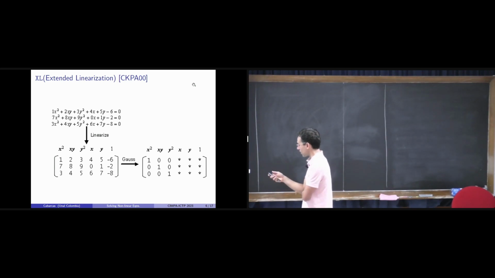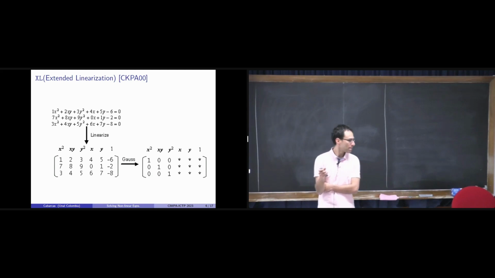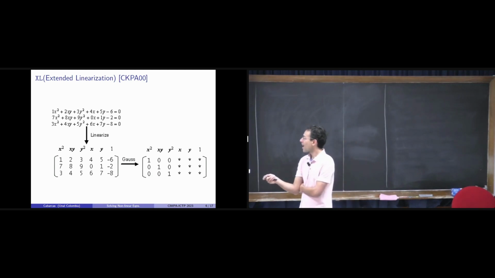And the idea is the following. Let's say we want to find a Groebner basis for this set of polynomials. We have 3 polynomials in 2 variables, x and y. So we're going to first linearize that system. And by linearizing, I mean we're going to consider the matrix of the coefficients.